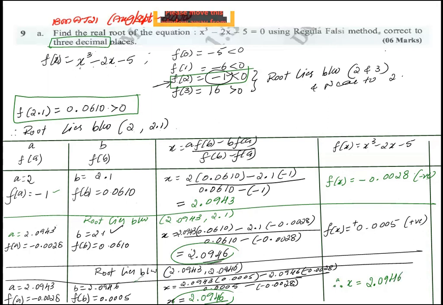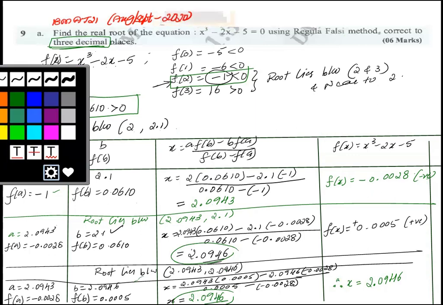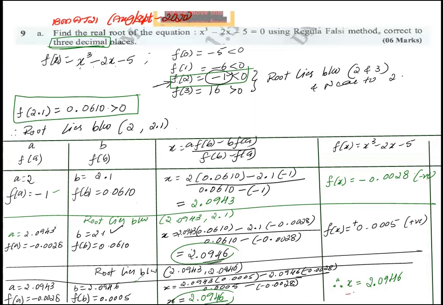If it is for 3 decimal places, your root will be x is equal to 2.095, right?